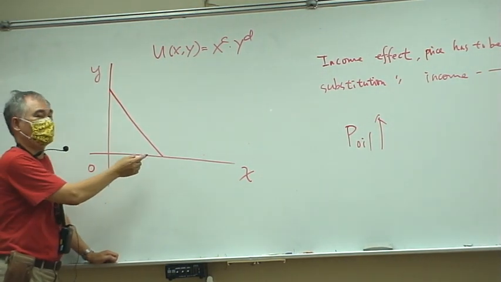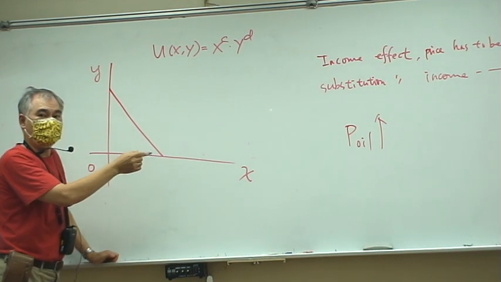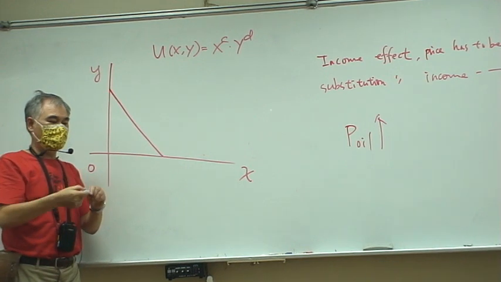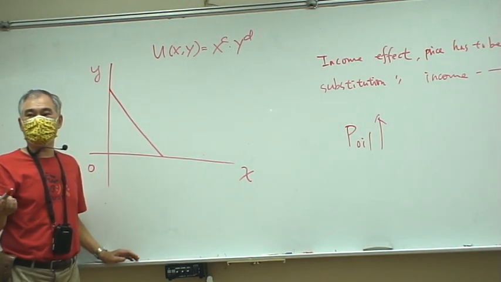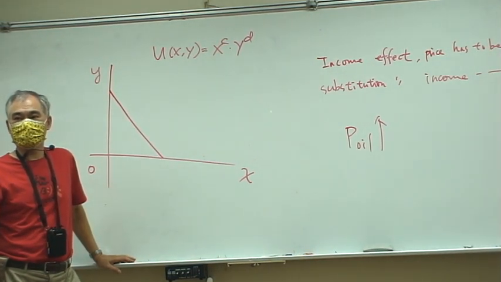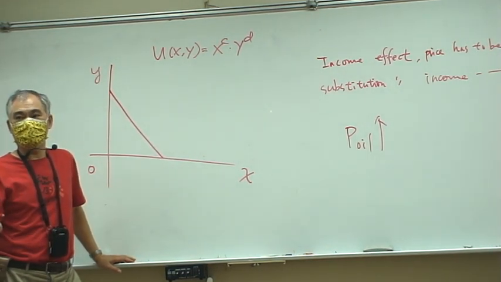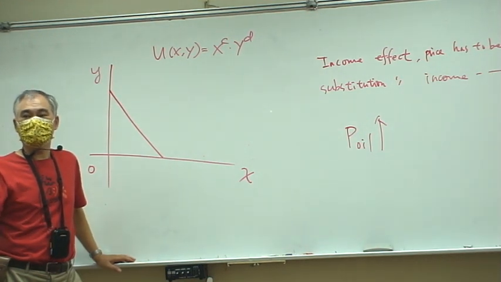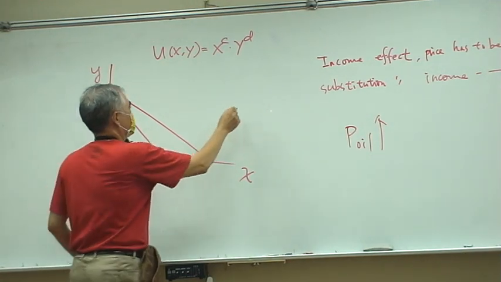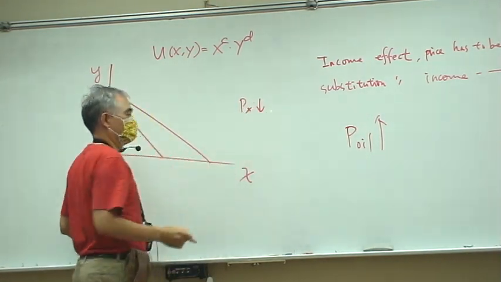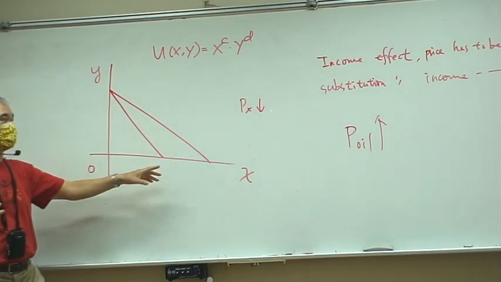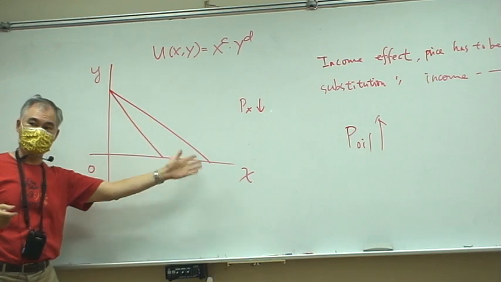Originally, this is your budget line, and now the price decreases. Because U.S. Thanksgiving shopping season is coming soon, people have sales, right? They cut prices to entice you to shop. So the price goes down, so PX goes down. Any questions? The original budget line is here, and because PX goes down, it becomes flatter, right?